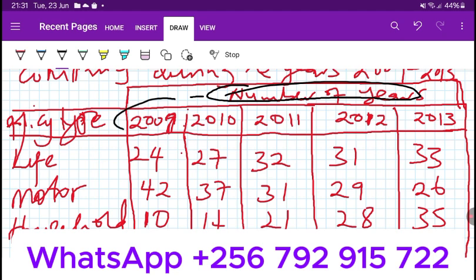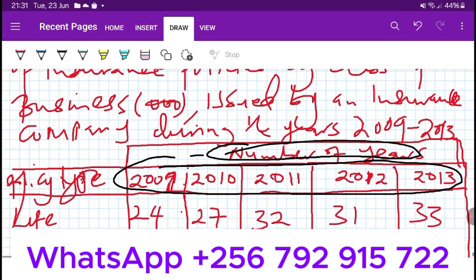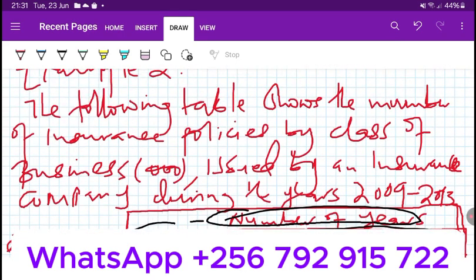In the question, the examiner said the following data shows the number of insurance policies by class of business issued by the insurance companies during the years.